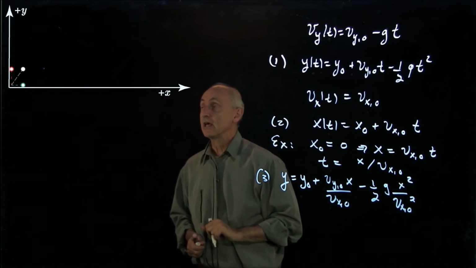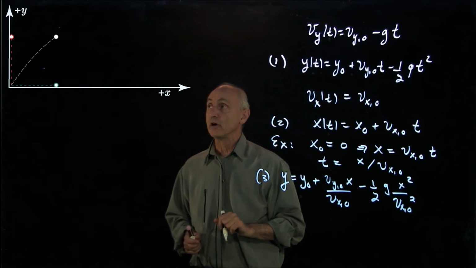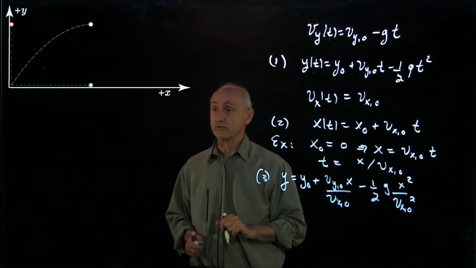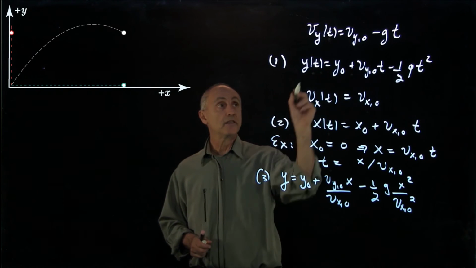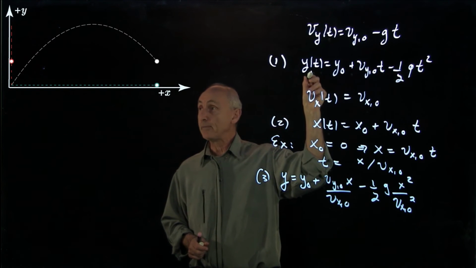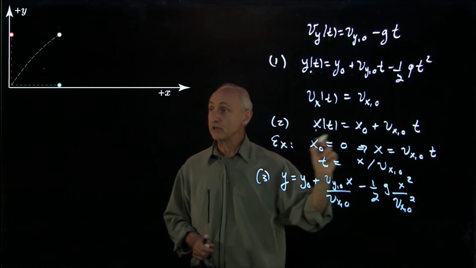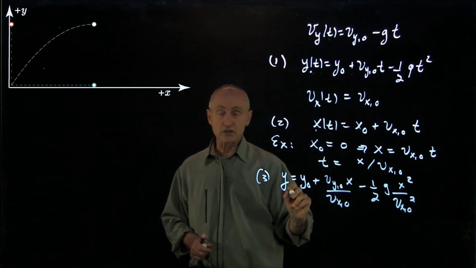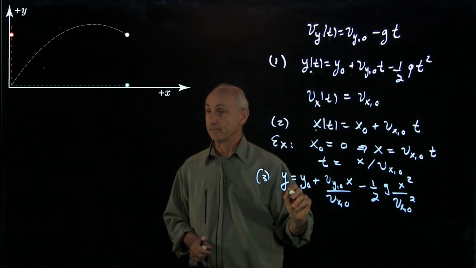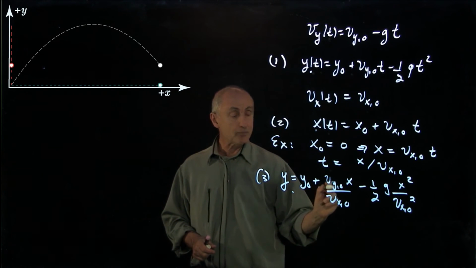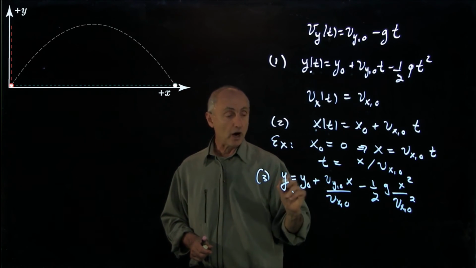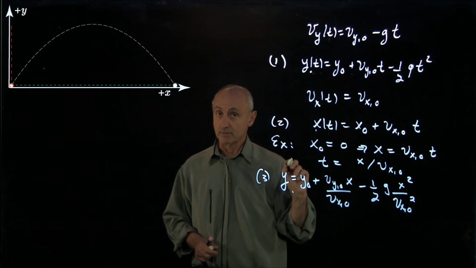So for instance, when we look at a plot of the motion of y versus x, we can see the vertical component going up and down, and we can see the horizontal component moving to the right, while the object is following this trajectory. And this is a parabolic trajectory of y as a function of x.